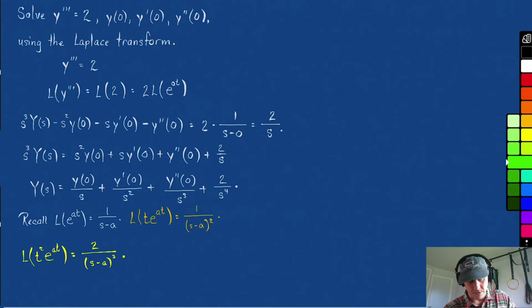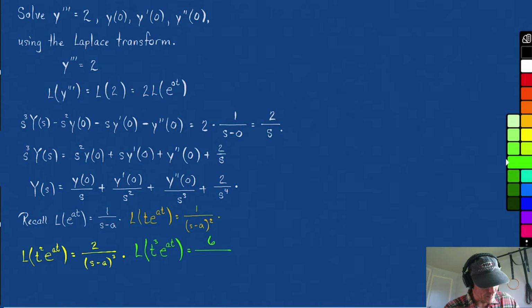And one more, the Laplace transform of t cubed e to the at, this becomes 6 over s minus a raised to the 4th power.